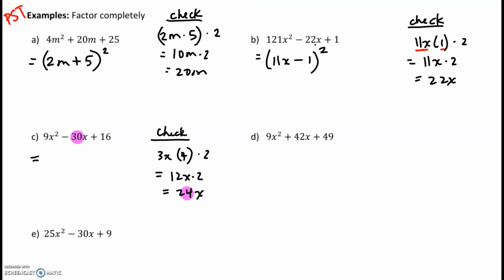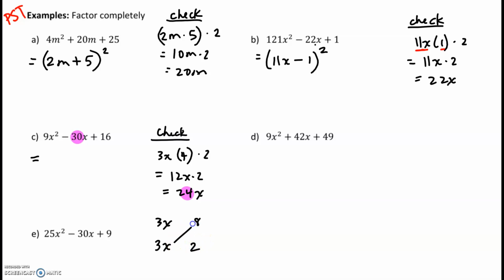Let's see if we can factor this using chart method. So for chart method, we are going to look at the factors of 9x squared. So I'm going to do 3x times 3x. And then the factors for 16, I'm going to do 8 and 2.